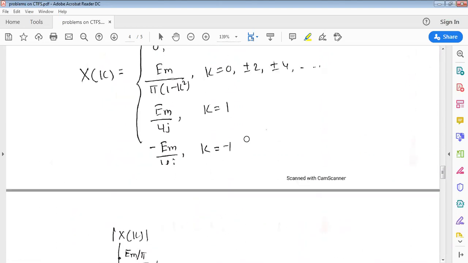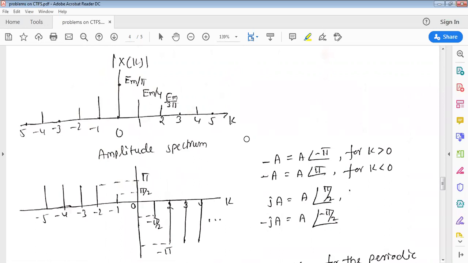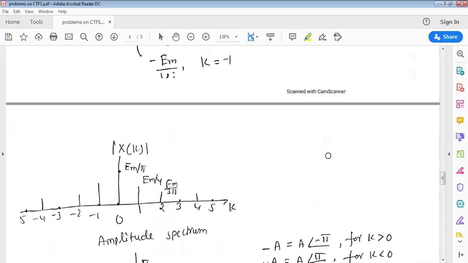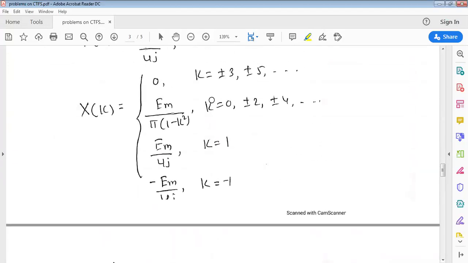Now, phase spectrum. Remember the rule, minus A is nothing but A angle minus pi. Why minus pi? It will become that when k is more than 0. Look here. When k is more than 0, plus 2, plus 4, only for positive angles, Em by pi into 1 minus k square.